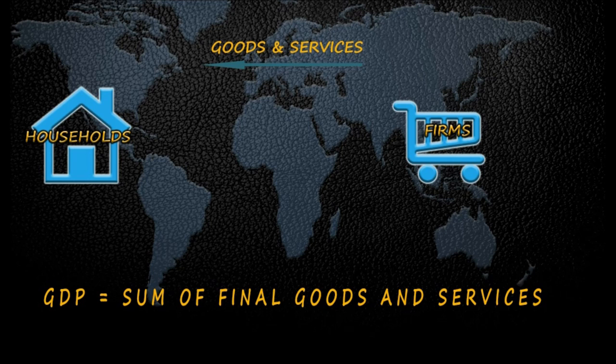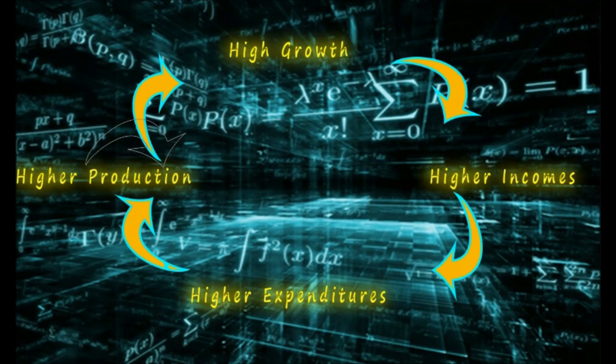We now move on to understanding the importance of gross domestic product as an indicator of economic health. Let's quickly understand why we need to measure the gross domestic product as an indicator of economic health. When countries enjoy periods of high economic growth as measured by the gross domestic product, firms are producing goods and services more rapidly.